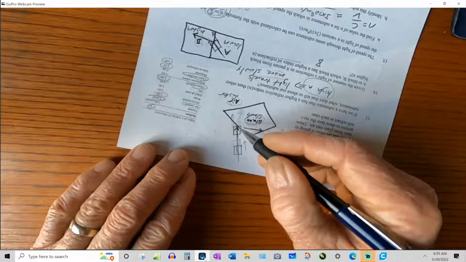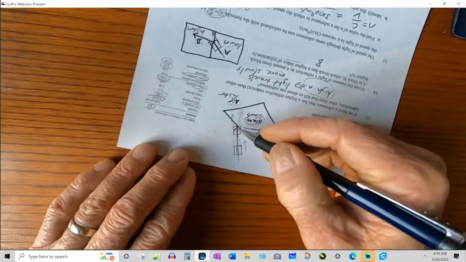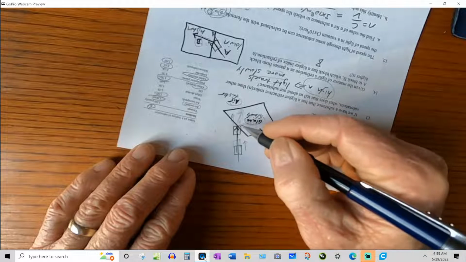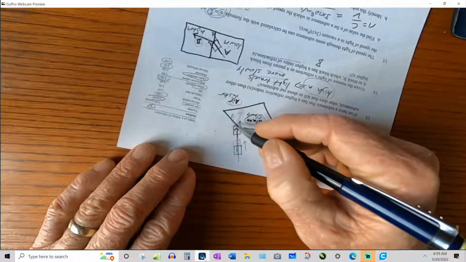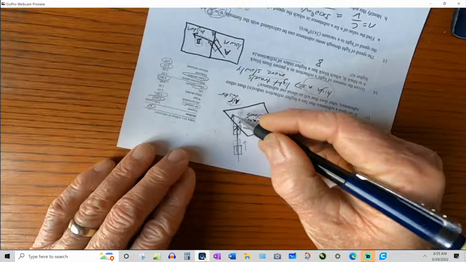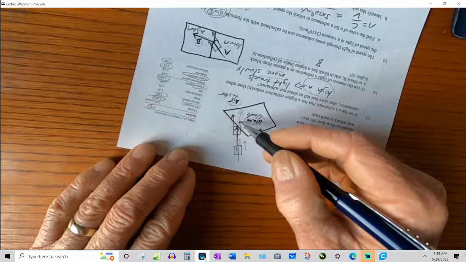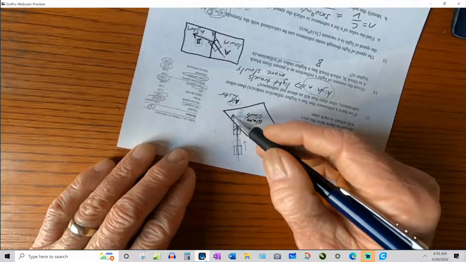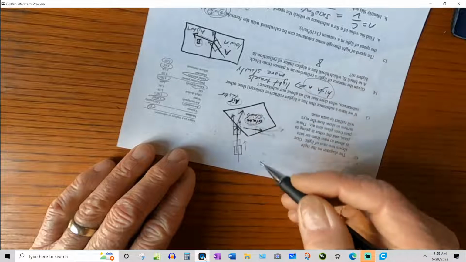This is in the glass, this is out in the air. Now I'm going to draw a little arrow representing how fast each tire is going to go. The one in the glass is going to go slowly, and the one outside in the air is still going to be going faster. So if you push something along and you slow down the right side and you speed up the left side, that's going to make it turn to the right.